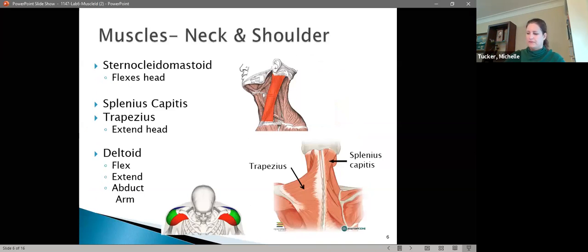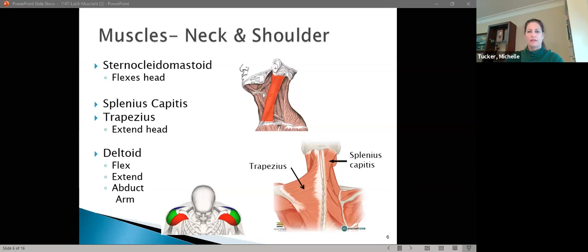So now we are going to talk about the muscles at each joint. So we have the neck as a joint, we have the trunk as a joint, and in a minute after I go through some of these, we'll go over the video of the muscle actions.